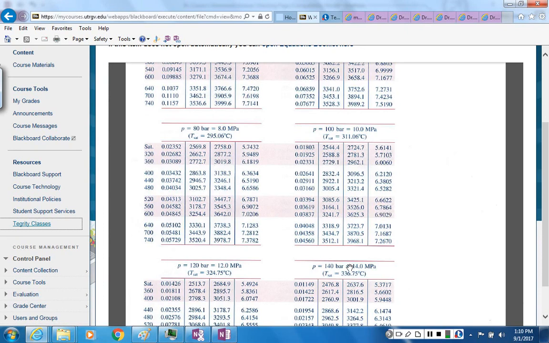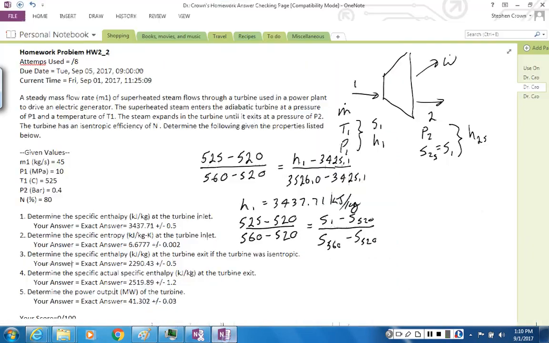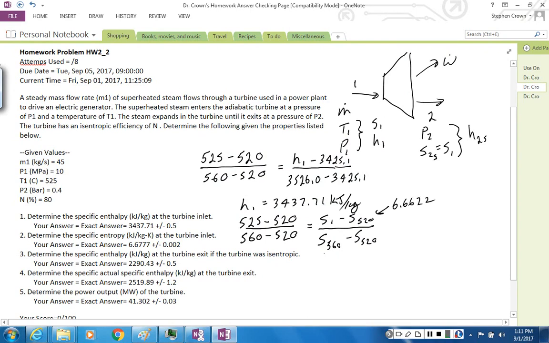And I can enter those values then. 6.6622 and 6.7864. And when I plug that in, I get S1 equals 6.6777.